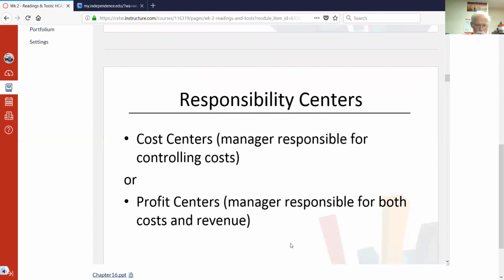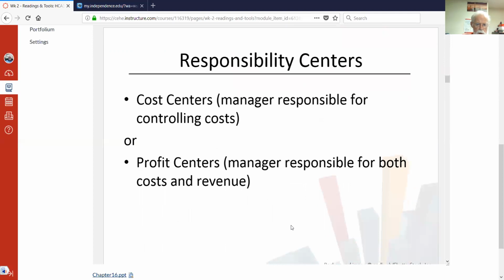The cost centers and profit centers are basically different. With cost centers, our managers really are looking at controlling the costs, and this can be the transportation department.